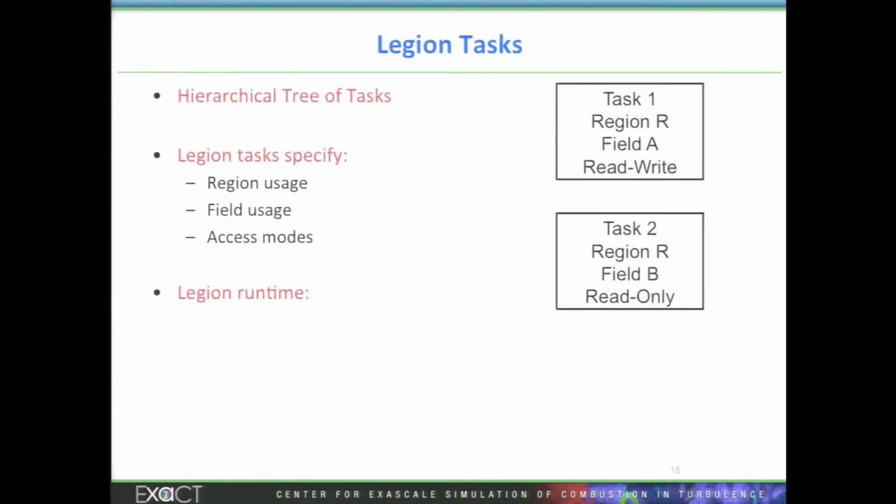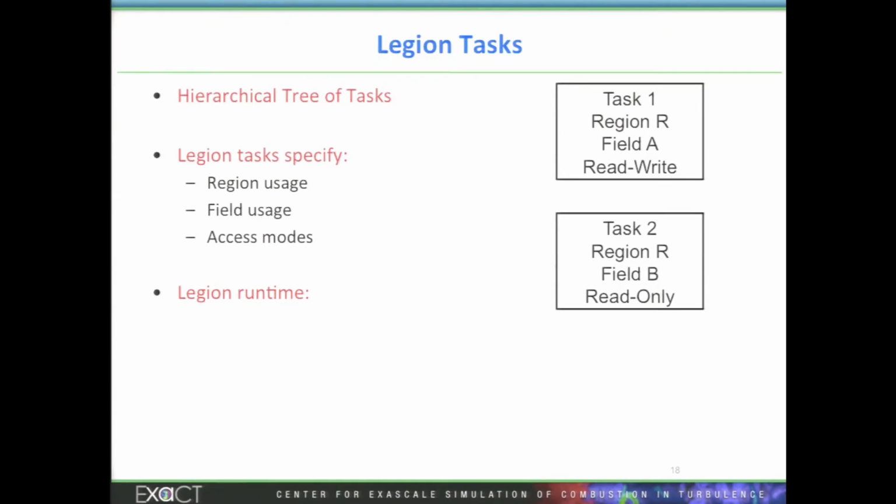In addition to these logical regions, Legion also has a hierarchical tree of tasks. The Legion tasks specify how to use a region, which fields to access and use within a given region, and it specifies through type systems very tight access controls by whether you can read the data, read-write, or do some kind of reduction on it.